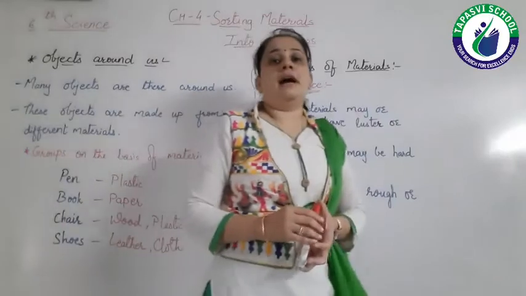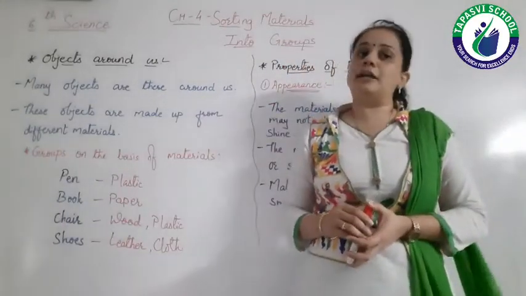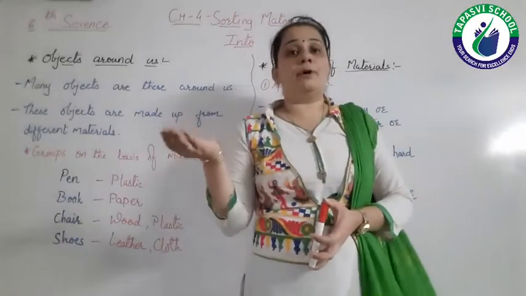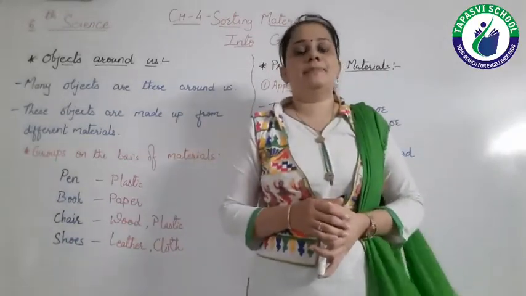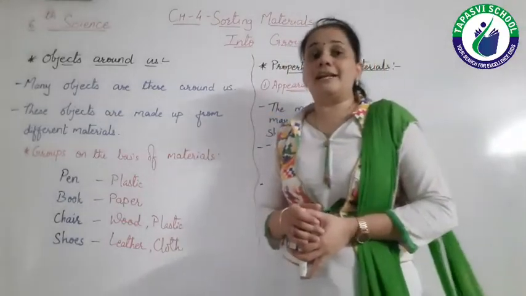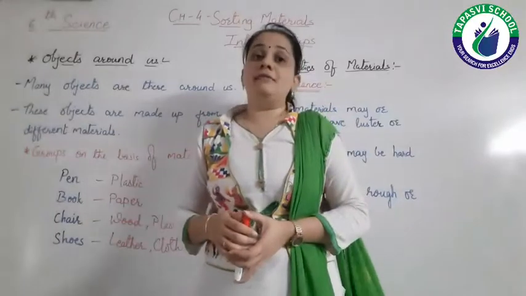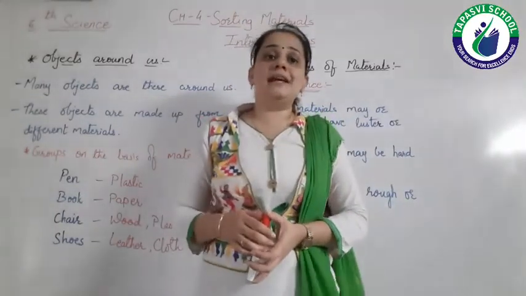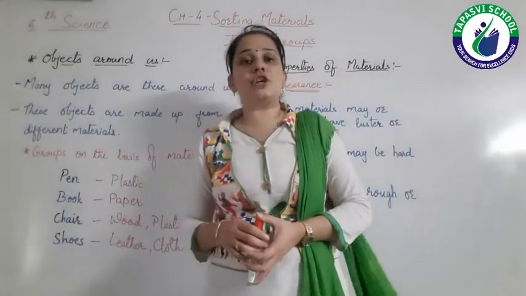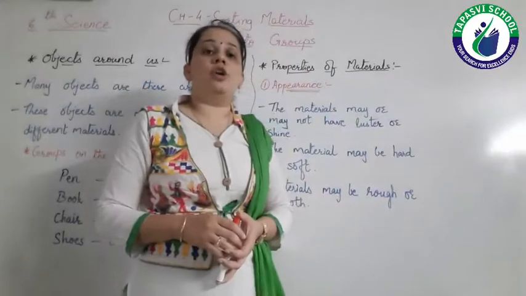So, if we take an example of a bench or a table, then it is made up of wood and wood does not have shine. But if we take an example of a steel spoon, okay, then we can say that it shines. So by seeing it, we can easily judge whether the given substance shines or not.